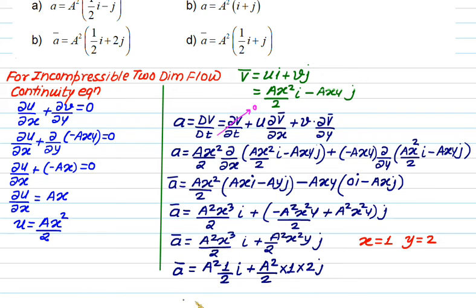From both these two terms we can take out a square common, so we have a bar equal to a square times 1 by 2 i plus j. So this one is our acceleration vector. Check your choice here, D. We have a bar equal to a square, 1 by 2 i plus j. So choice D is the correct choice.